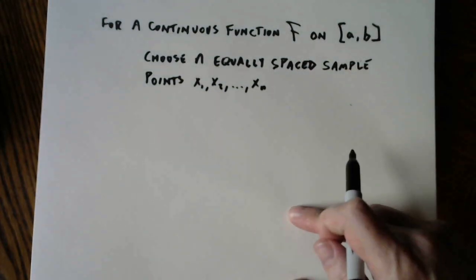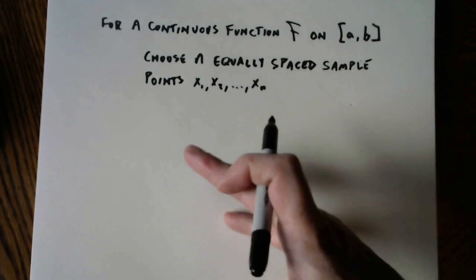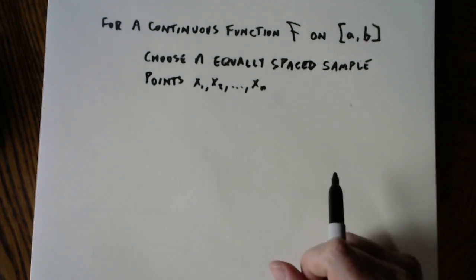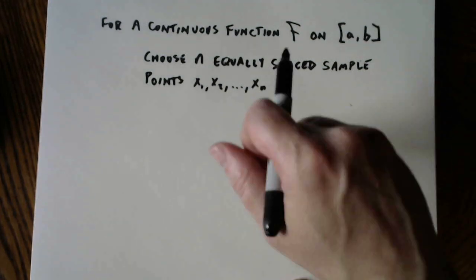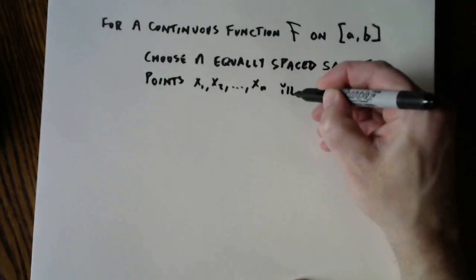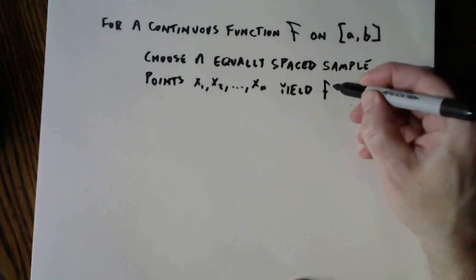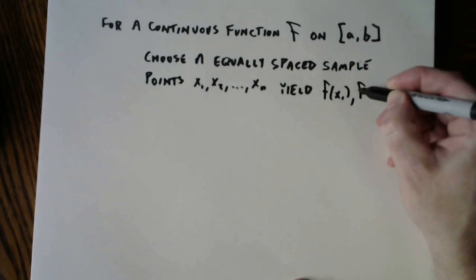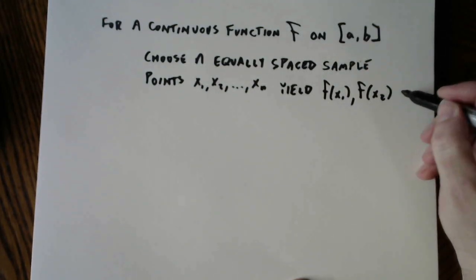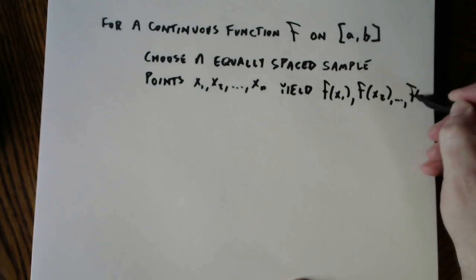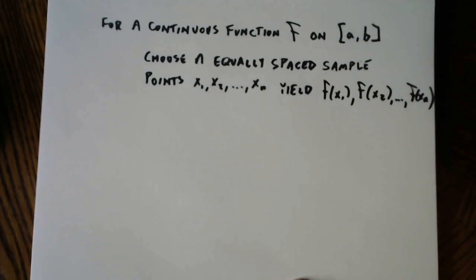So if I think about an x-axis, I'm going to choose these points. I'm not going to do a drawing here. You can envision this. But of course, each x value will yield a y value, or an f of x value. So I'm going to call those f of x1, f of x2, f of xn.